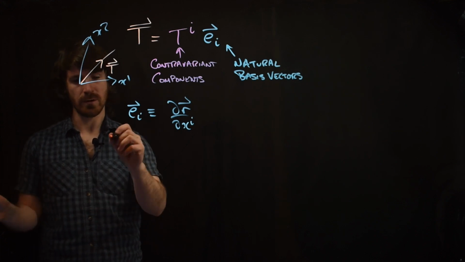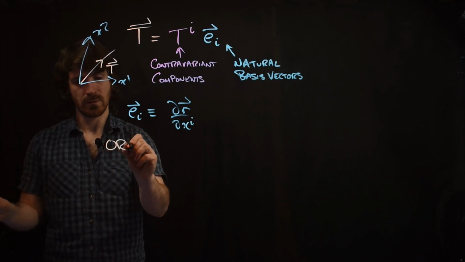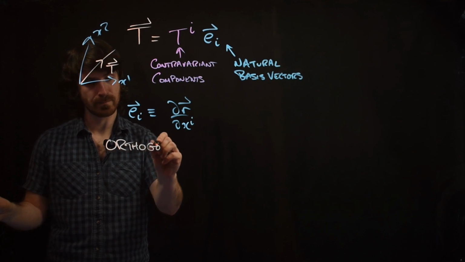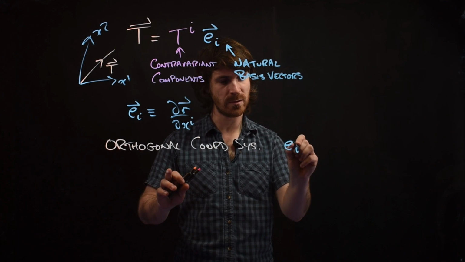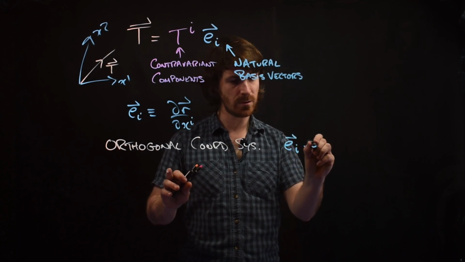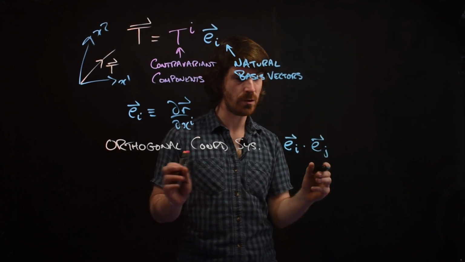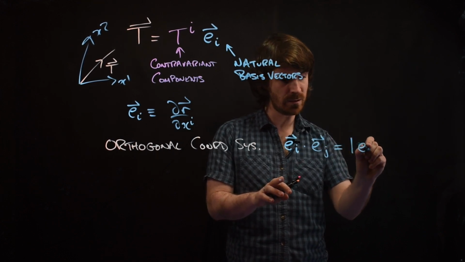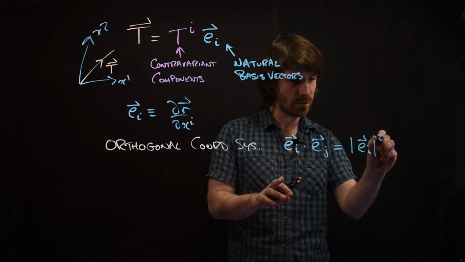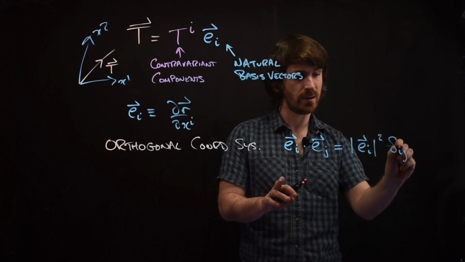So for an orthogonal system, this is easy. For an orthogonal system, we have that the natural basis vectors e_i dot e_j, so the dot product of two of the natural basis vectors, equals the modulus of e_i squared times delta_ij.